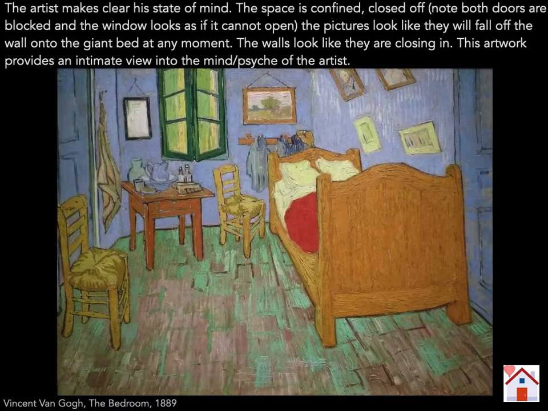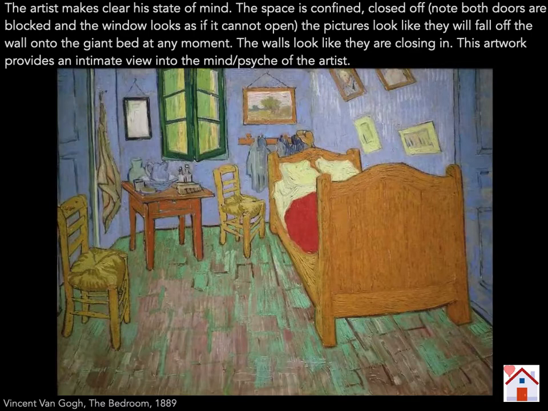The windows look as if they don't open because they've been kind of forced and aren't the right size for the window. The walls themselves look as if they're kind of closing in or caving in. They're not proportioned properly. The paintings on the wall look like they could fall off onto the bed that's way too big for the room, making things out of proportion and uncomfortable.